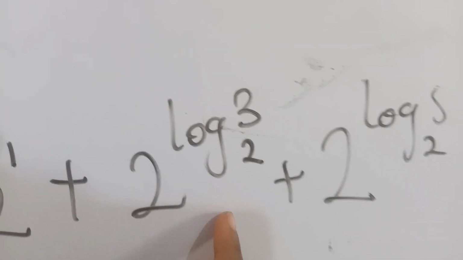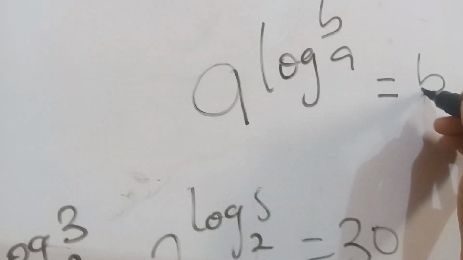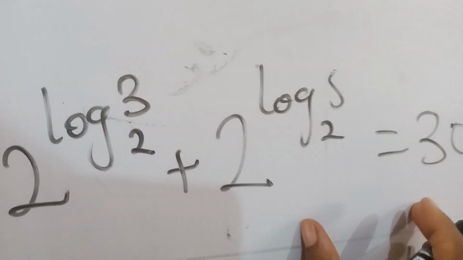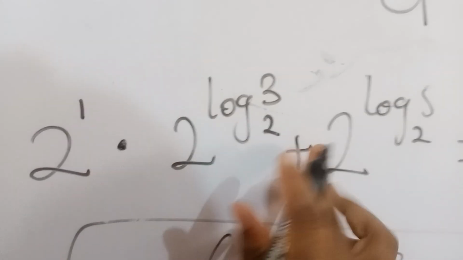And here, following the law of logarithm that says a to the power of log a to base b is equal to b, we're going to be using this to expand this and this. So this would be multiplying.